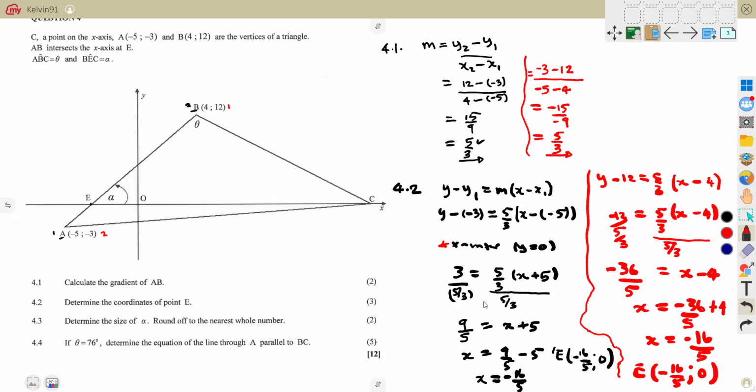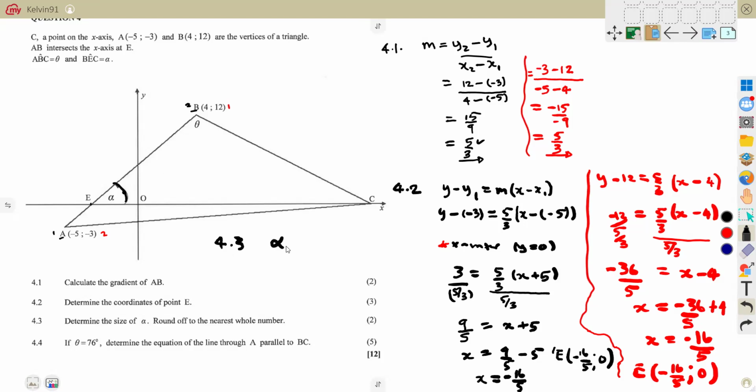Then the next question, that's 4.3. So to get 4.3, they are saying determine the size of alpha. Here is the alpha. Determine the size of alpha. Round off your answer to the nearest whole number. Alpha is the angle of inclination of E. So angle of inclination is equal to tan inverse gradient.